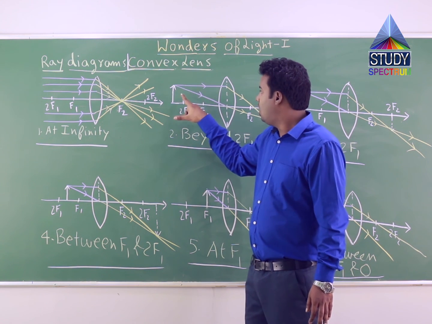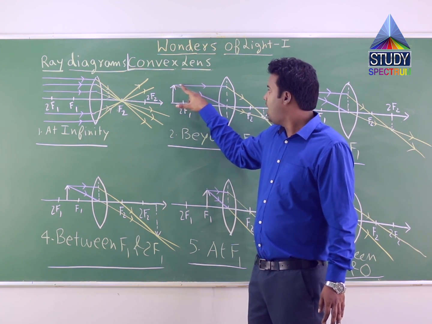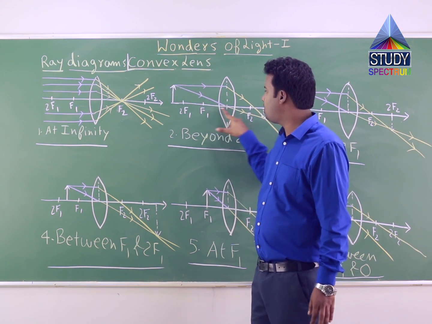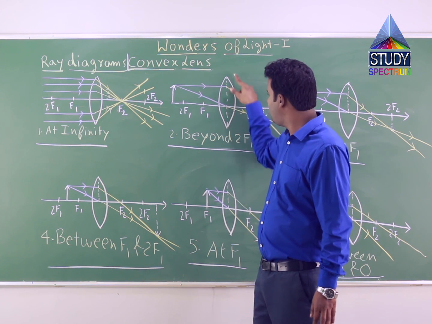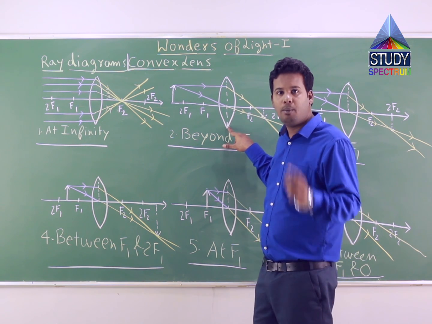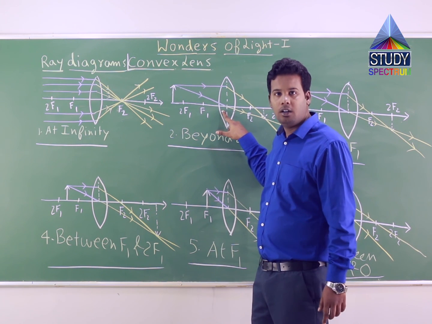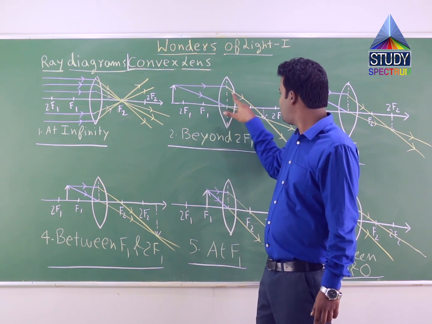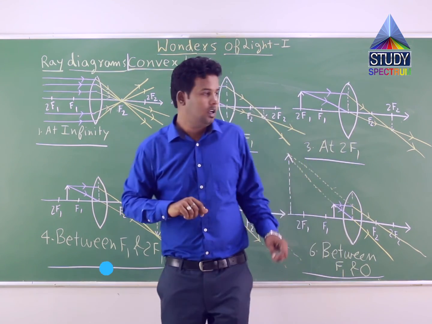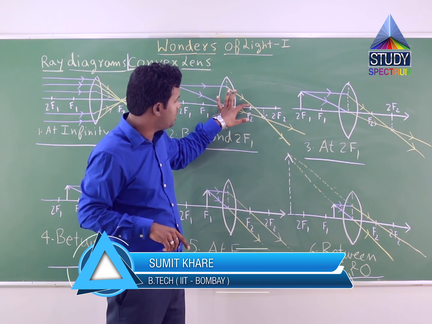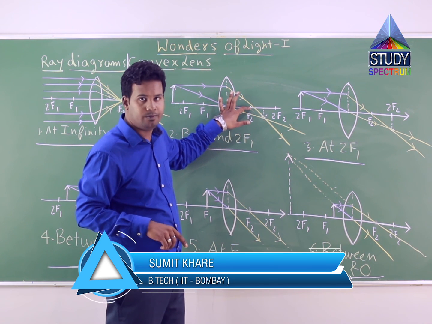Now please notice one line, this blue line is parallel to this principal axis. Correct? It is going to hit this convex lens. Rule number 1 says, if the incident ray is parallel to the principal axis, it should pass through focus point F2. You can see after refraction, this yellow line is passing through focus point F2. Correct?